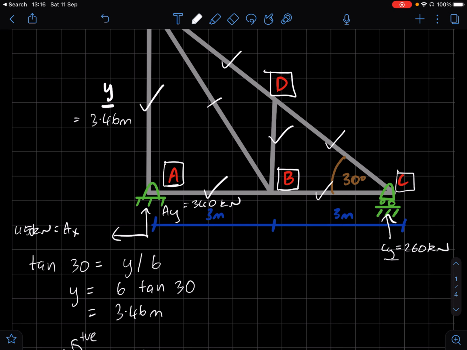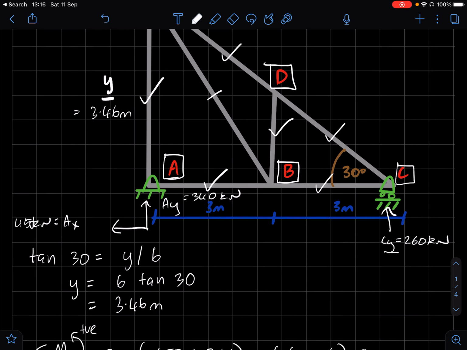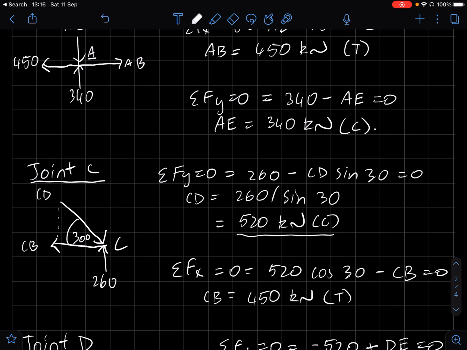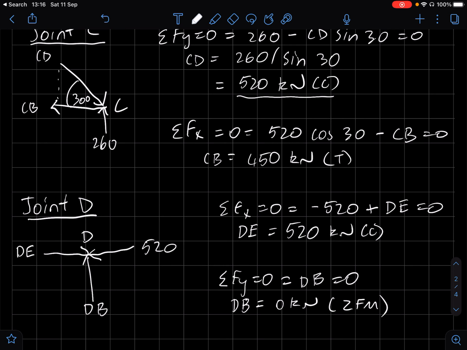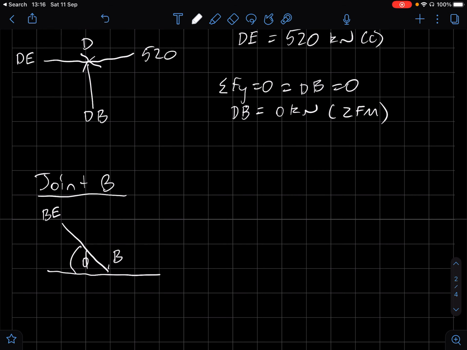So remember, I'm looking at joint B. So we have the values of members BA and BC, and those were both in tension and both in the X component. So like that, 450, 450. Let's see if we can determine the angle phi first. We don't have that angle.